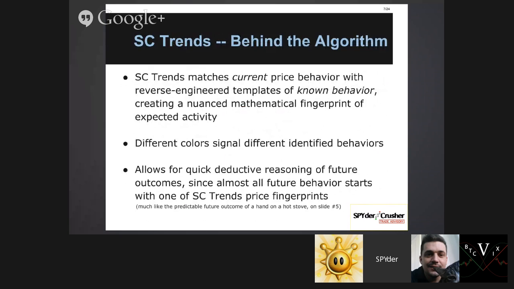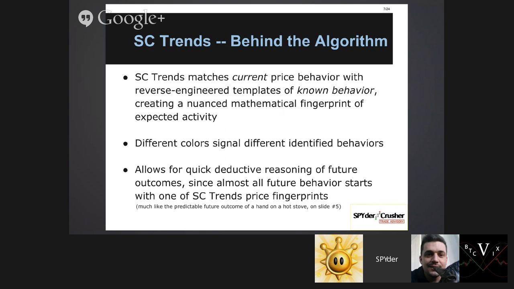I think it's important to break that out because you don't want some crazy black box where you don't know anything that's happening. The amount of work and research I spent determining the sequences was years of effort and thousands of hours. But the basis is that we have current price behavior, we have reverse engineered sequences of known behavior, and we create what is basically a mathematical fingerprint of the expected activity.